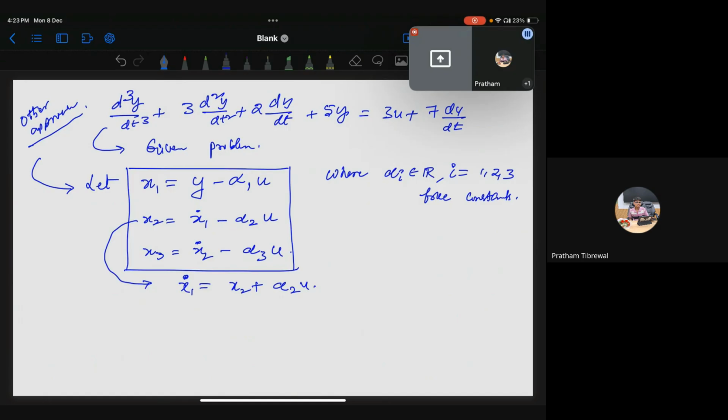Similarly, from this way, you can write x2 dot. What is it? x3 plus alpha 3 u, correct? So similarly, you will start finding what is x3. What is x3?